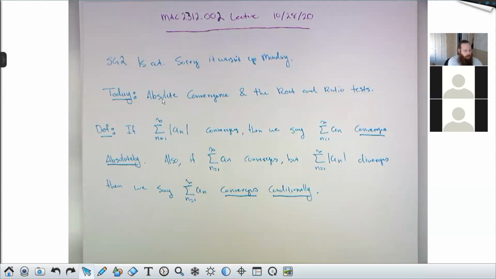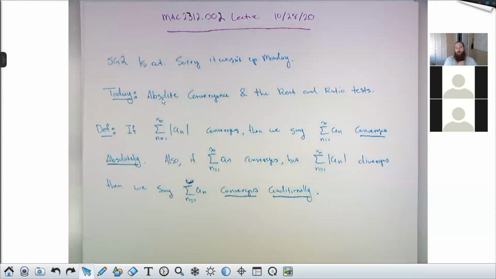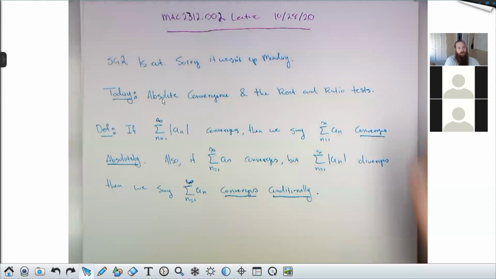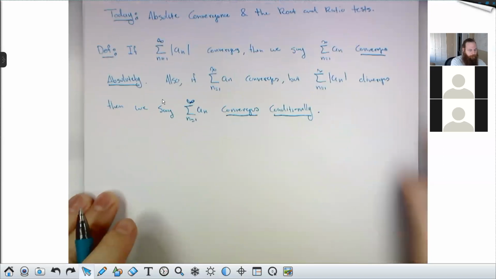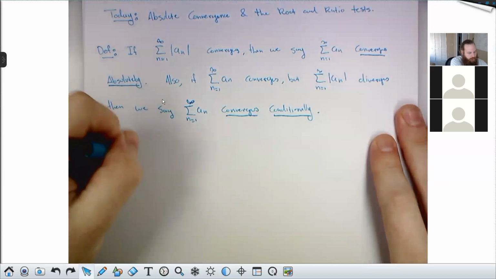So for all of the series that we have worked with and shown to be convergent, we can go back and revisit them and ask, were they absolutely convergent or were they conditionally convergent? And we're going to do a little bit of that here today. The most famous example when it comes to this discussion is the alternating harmonic series.